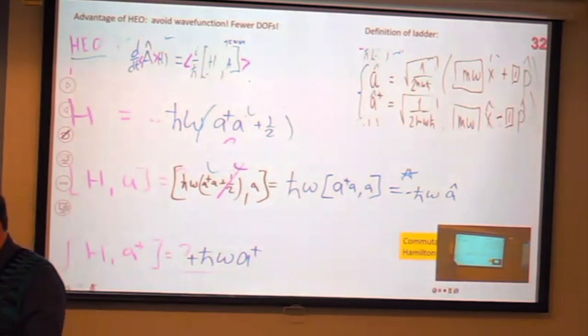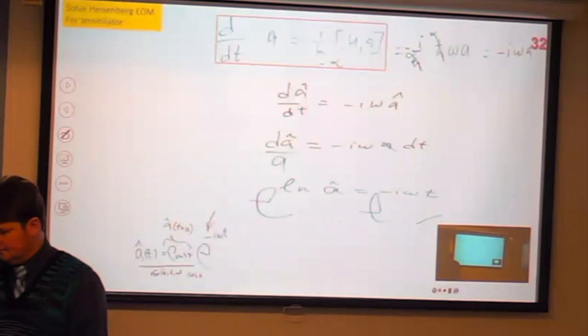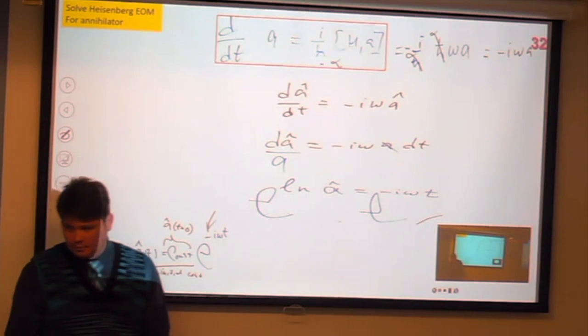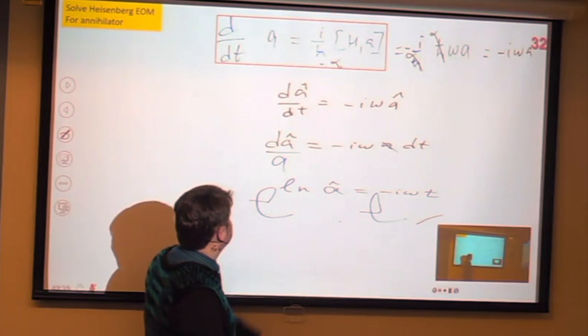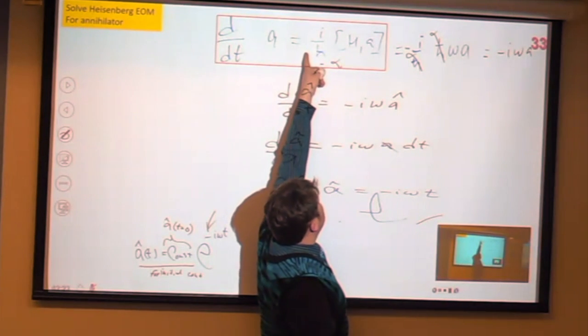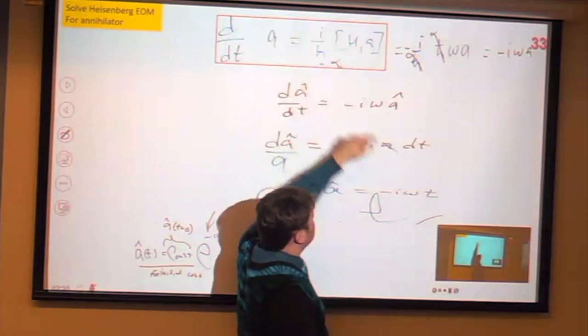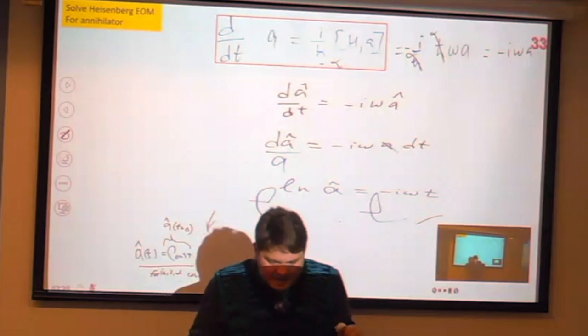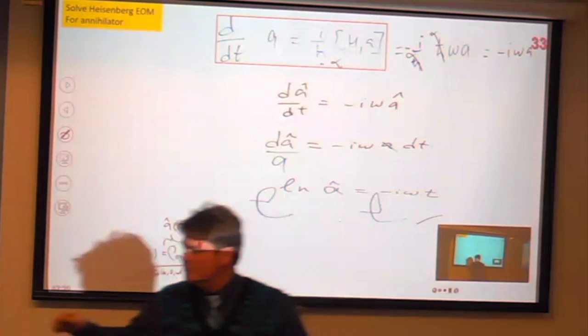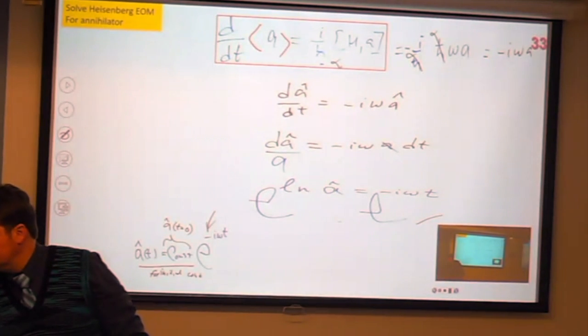As soon as you know these commutations, you can plug them into the Heisenberg equation of motion immediately and get the answers. So in the Heisenberg equation of motion, you do not have minus, it is plus. We are thinking about expectation values, we always think about this stuff.